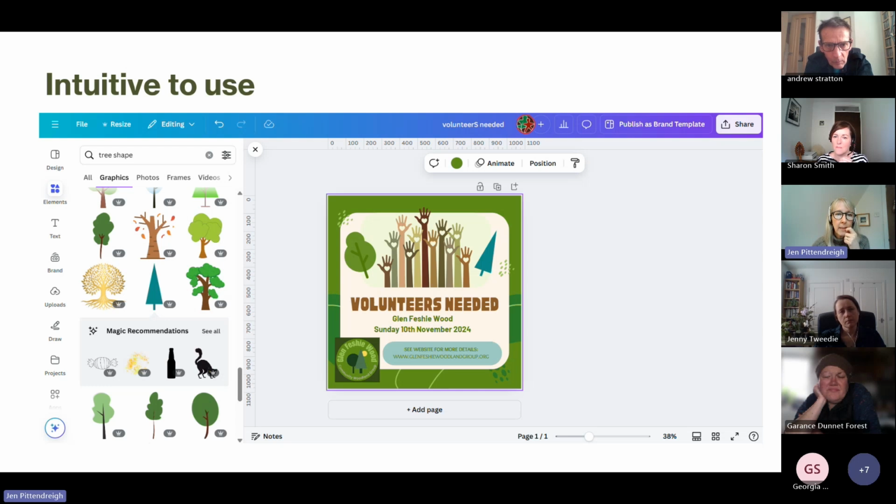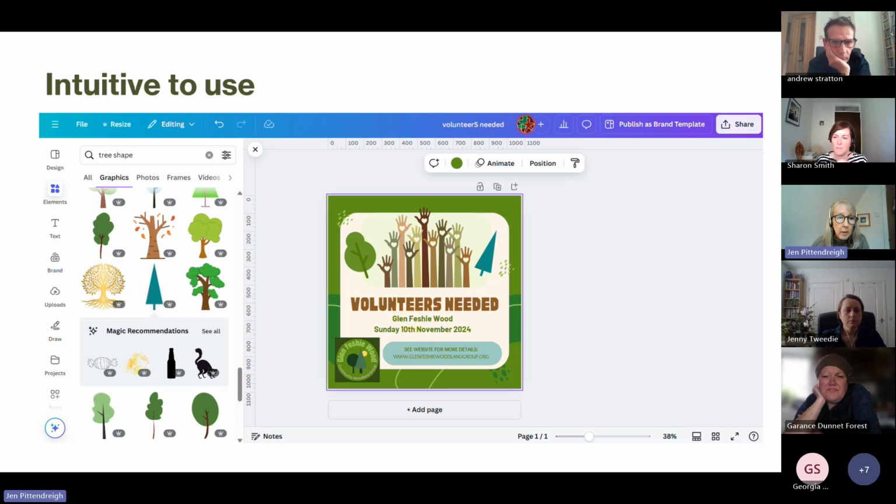I clicked on that, and then once you start to click on different elements of the design, you can change it. So this leaf you could change to be a tree, you can change this green, you could knock off this block of colour here, you can change the font, you can change the colour of the font, you can make it bigger or smaller. It's hugely flexible, and as I say, it's very intuitive to use.